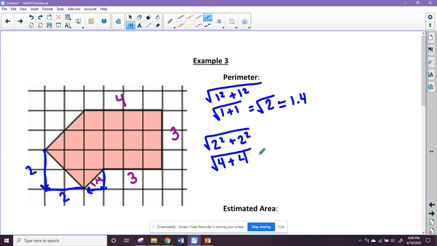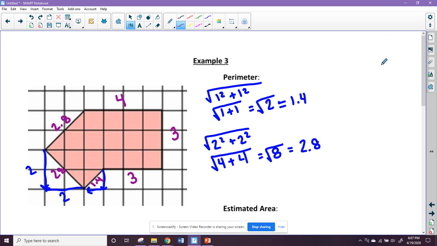So 4 plus 4 is 8. So we're going to find the square root of 8. So using your calculator, type in the square root of 8. And that rounded is 2.8. So this length here is 2.8. And this length here is also going to be 2.8.